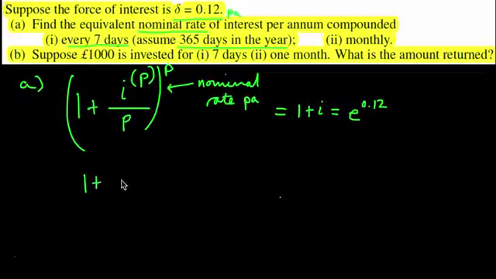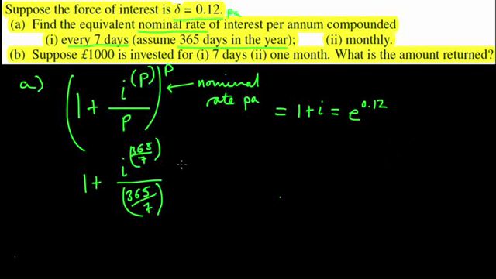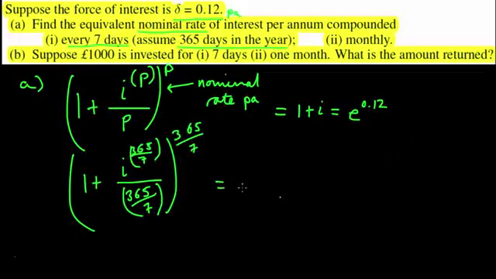We want to find the nominal rate of interest per annum, and we divide it by 365 over 7. The reason I'm not making it 52.1 is because I don't want any rounding errors. We put it to the power of 365 over 7, and that equals e to the power of 0.12.